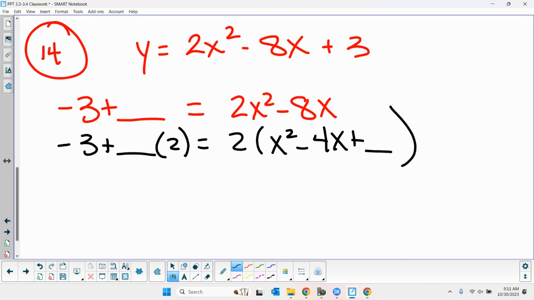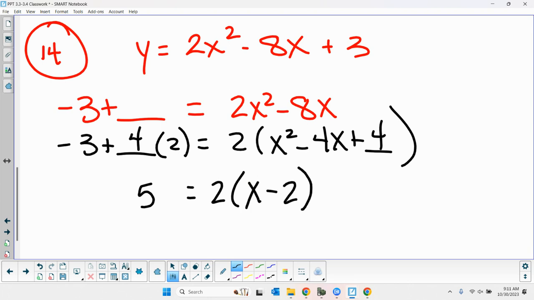And then half of 4 is 2, and 2 squared is 4. So this 4 times 2 is 8, negative 3 plus 8 is 5. When I factor, this is x minus the square root of 4, 2, squared. Then I bring the 5 over by subtracting it.